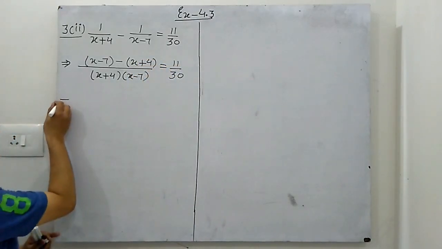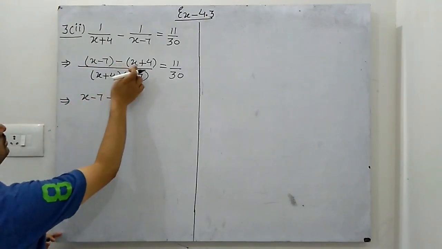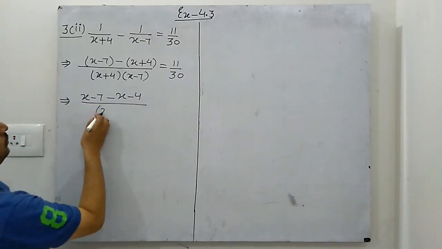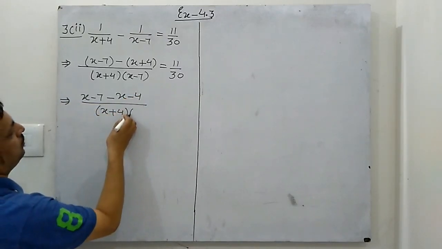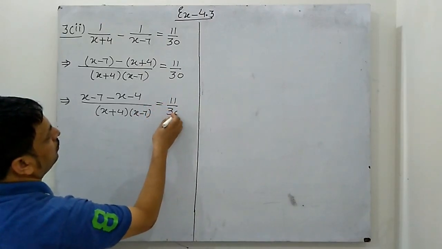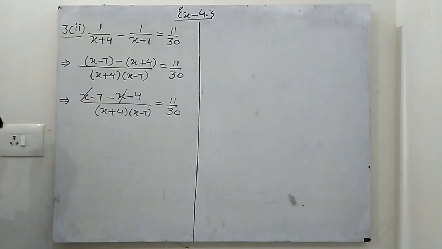Clear? So we can remove the bracket, so x minus 7 minus, the sign will be changed, upon x plus 4 x minus 7 equal to 11 upon 30. Negative x, positive x will be cancelled.